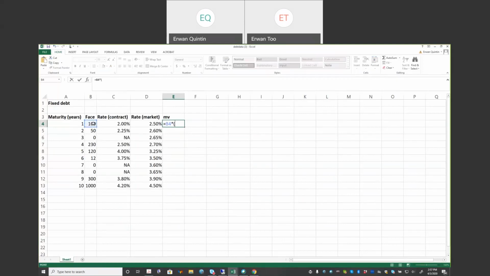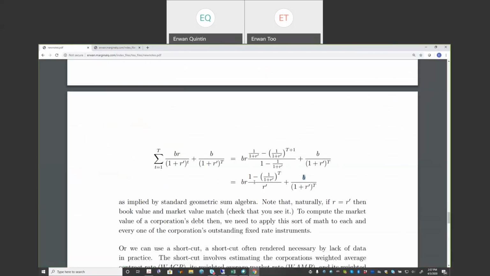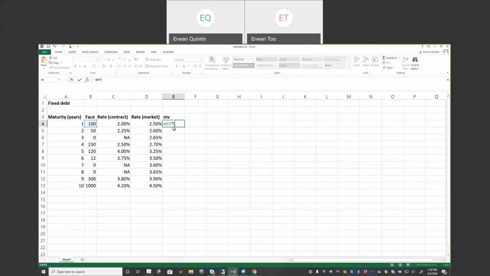And then what do I need to multiply it by? So there is first this part. Once I've taken B out, I'm left with R times this guy. And then if I take B out from here, I'll just have to multiply it by 1 over 1 plus R prime power capital T. So let's do this. The first thing that appears is R, the contract rate over here.